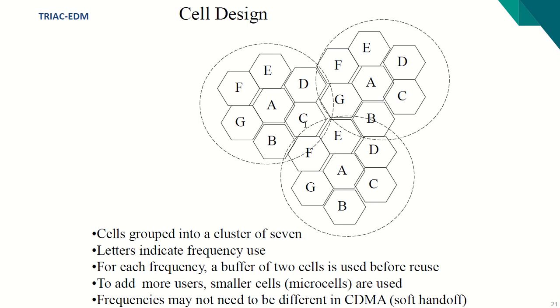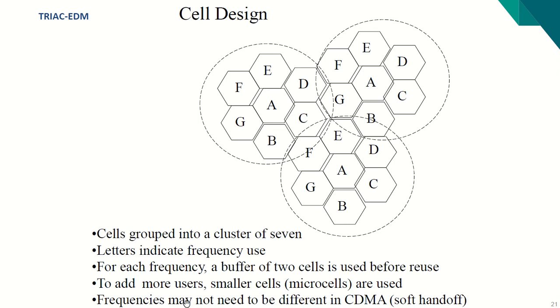If you use large cells, then the number of cells is going to be smaller. Then each cell has to manage a large group of people. So to add more users, we tend to use smaller cells. That's called microcells.